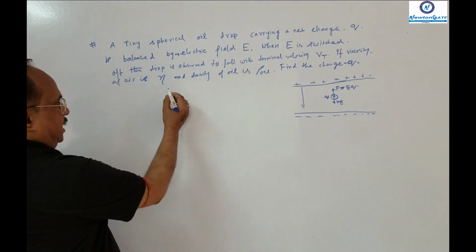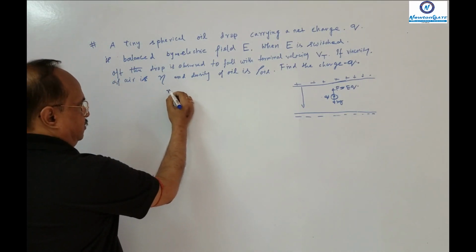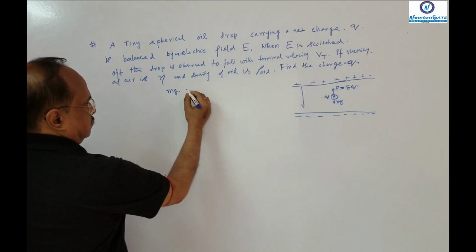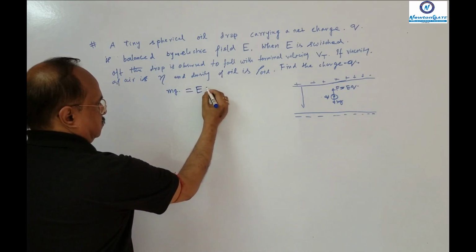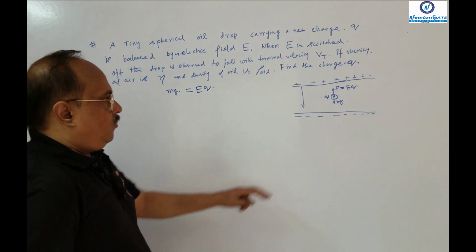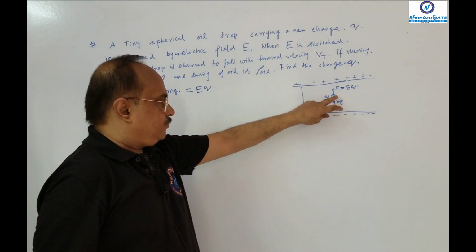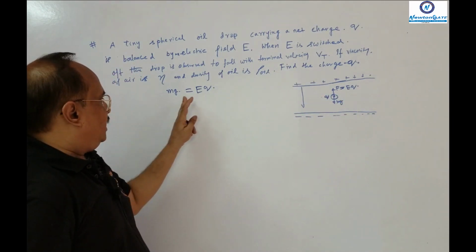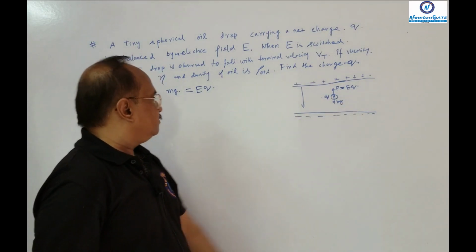So I can say that mg is equal to EQ, where m is the mass of the sphere and g is gravitational acceleration.